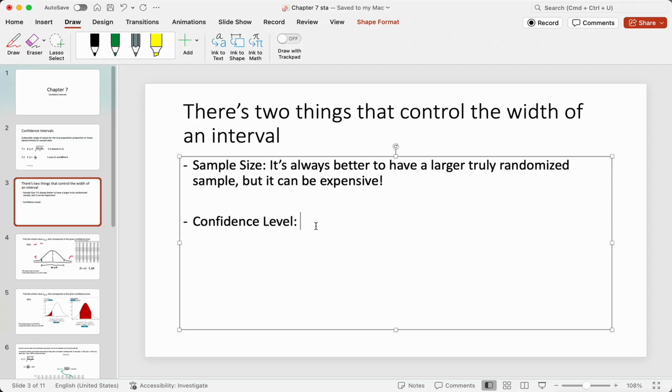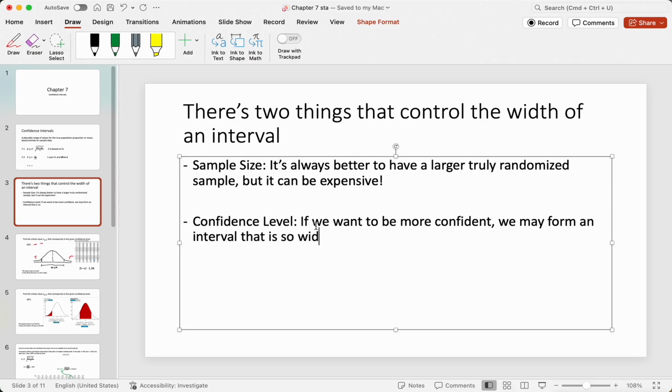Now, confidence level is your choice as well, but as we talked about, if we want to be more confident, we may form an interval that is so wide it can't be conclusive.